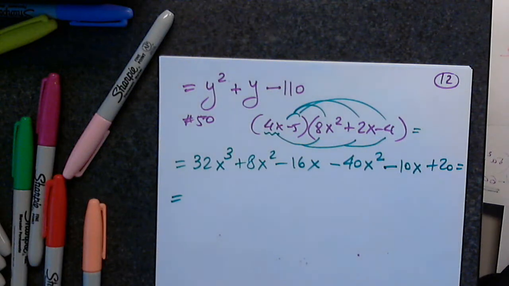Again, I start by identifying the degree, because once I identify the degree, I should be able to arrange it in descending order at the same time, and also combine like terms correctly. It's 3.